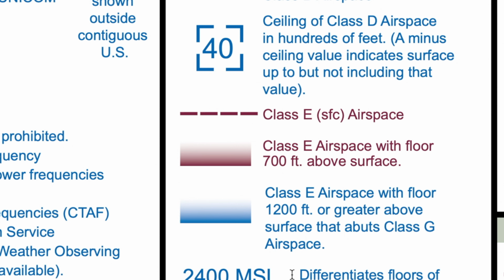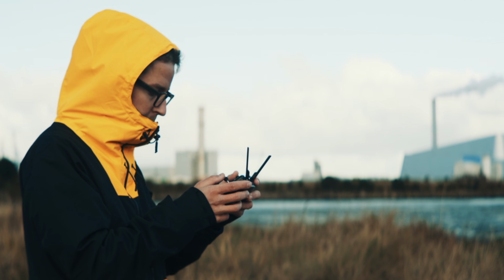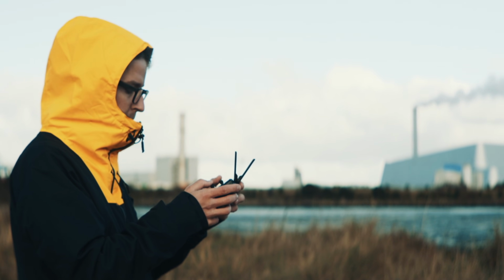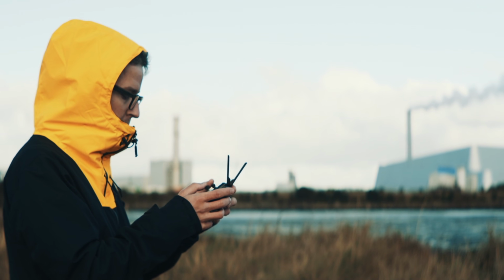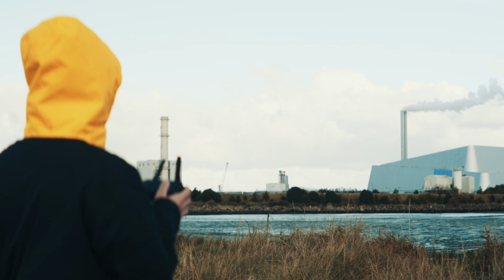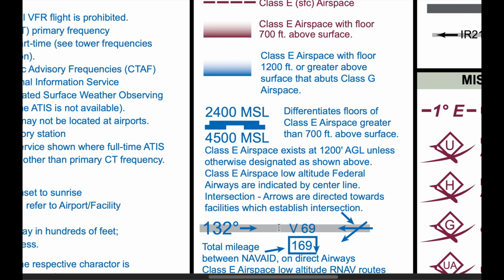You still have to comply with Part 107 rules, and that means you can only fly up to 400 feet AGL unless there is a structure that allows you to fly to 1,200 feet. But get this, even at that altitude, you still have to get authorization from air traffic control because you are in Class E airspace. And just keep in mind that this is a very rare symbol. You won't see this too many times on a sectional chart.